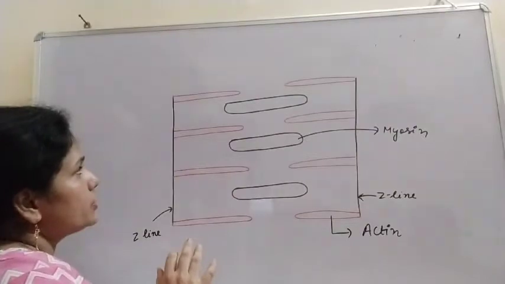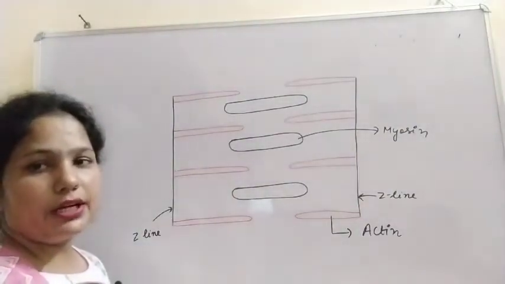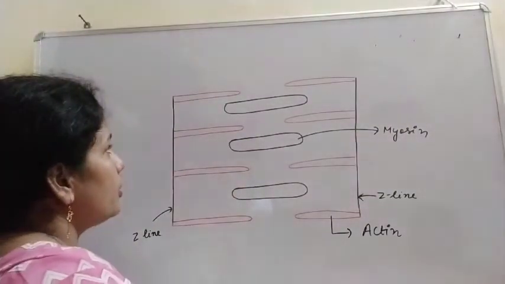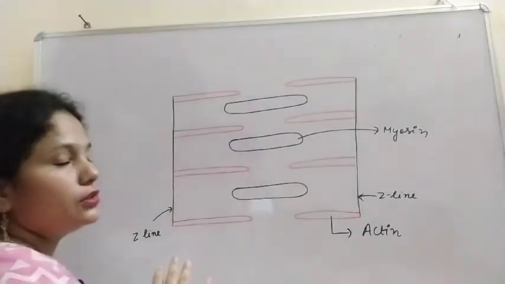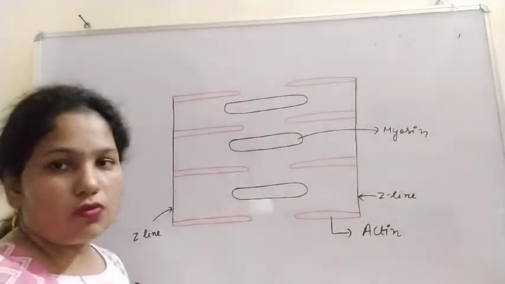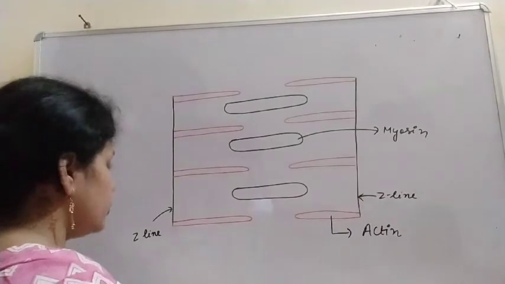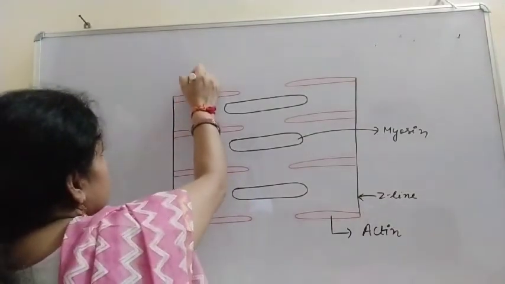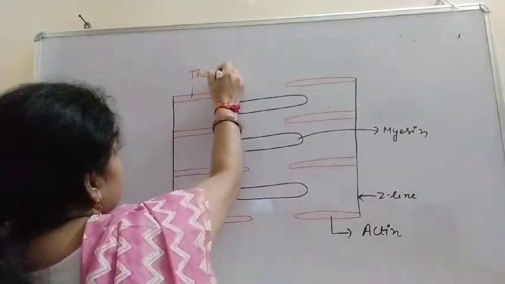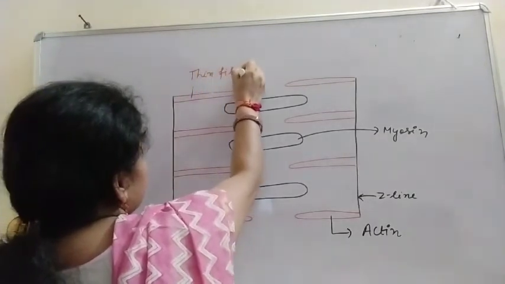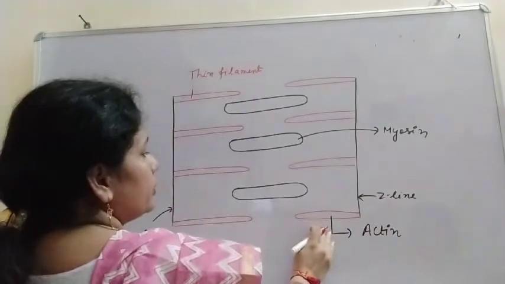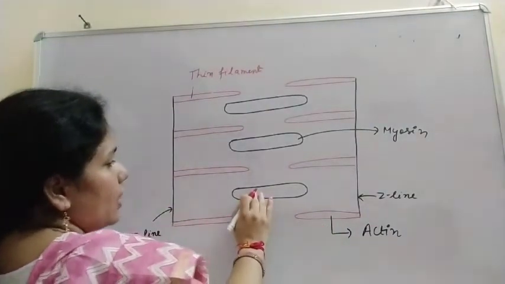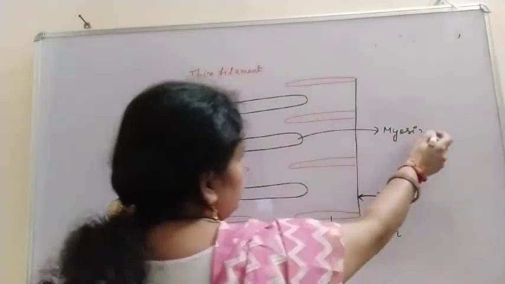In this case, both the proteins, actin and myosin, are arranged parallel to the longitudinal axis of myofibrils. These thin filaments are known as actin protein, and these thick filaments are myosin protein.